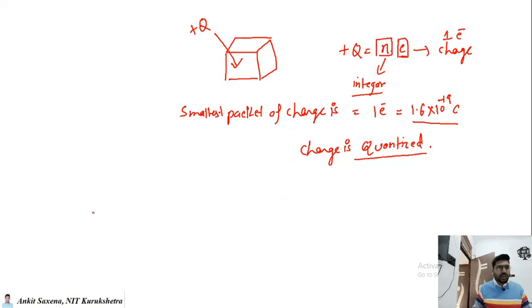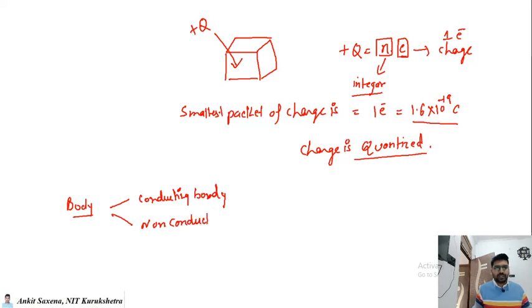Now again I am classifying the body into two types. First one is conducting body and second one is non-conducting body. So what is the difference between conducting body and non-conducting body?